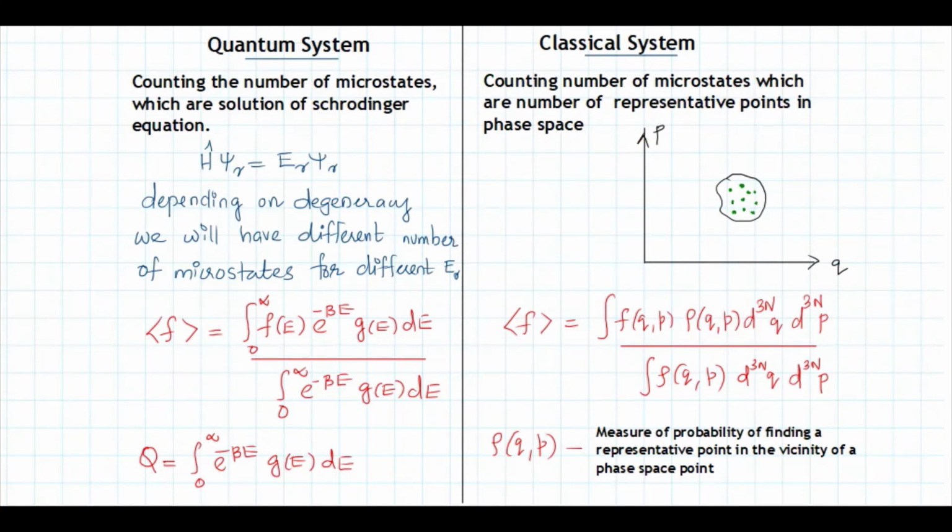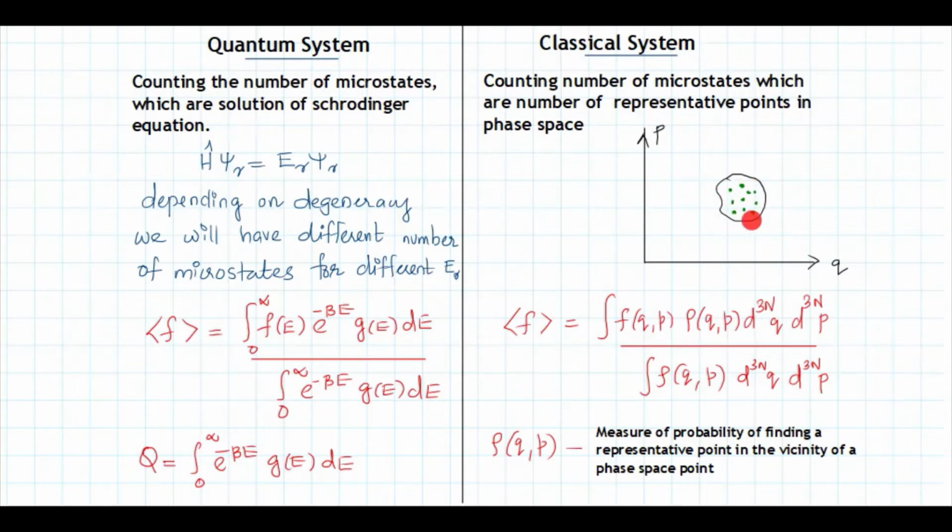What is phase space? A space spanned by the generalized coordinate and generalized momentum. This is for a single particle in one dimension. It will have one coordinate for representing the position and one for momentum. Then there will be points in the phase space. These dots represent the representative points in phase space.